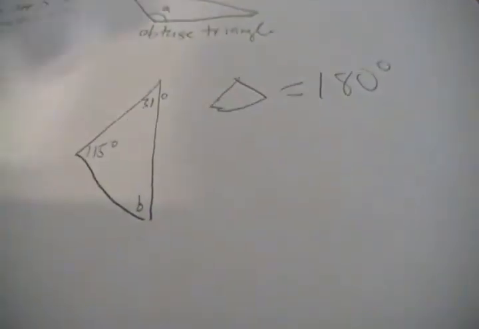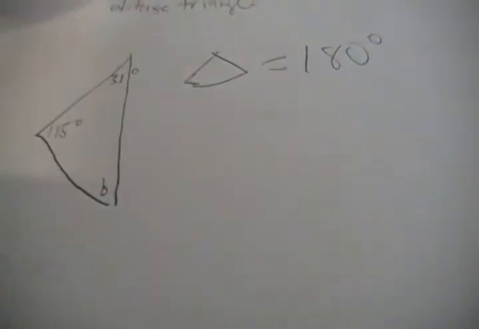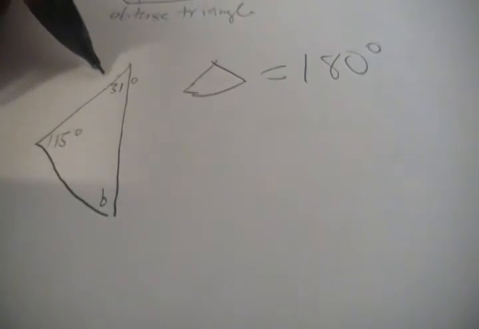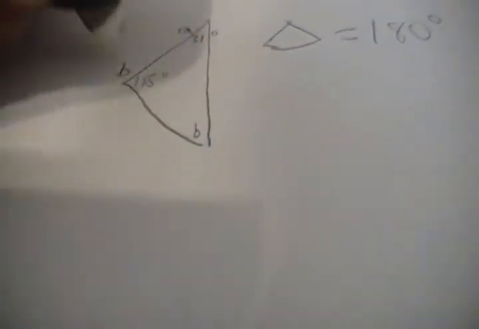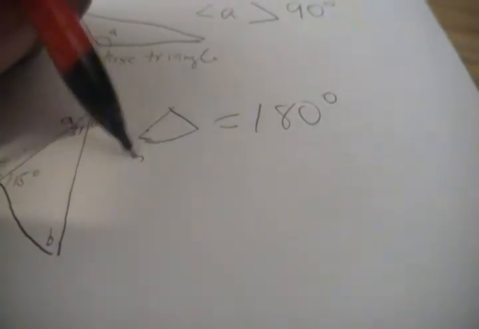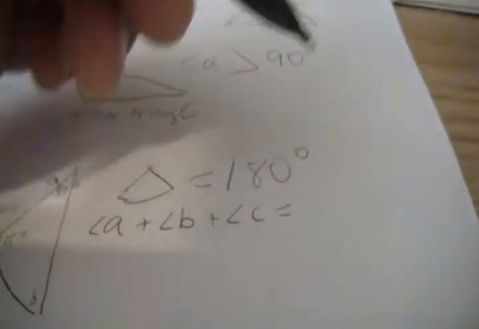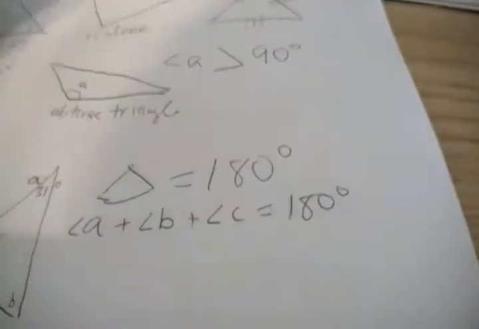So to make this more of an algebraic problem, we're going to name each angle. We're going to call angle 31 angle A, angle 115 angle... oh, sorry, not angle B, because we already have angle B. Angle C. So angle A plus angle B plus angle C has to equal 180 degrees.